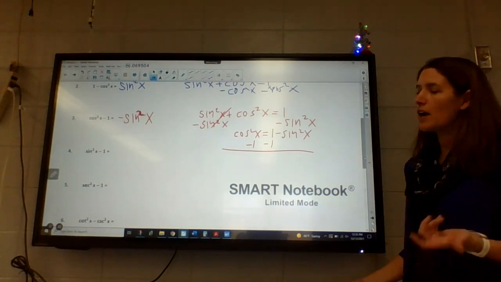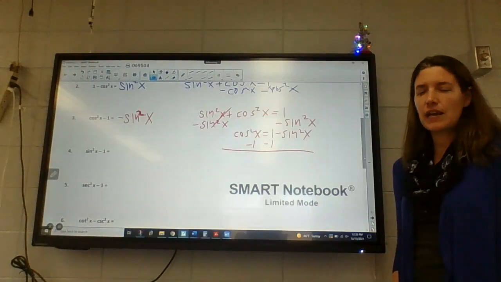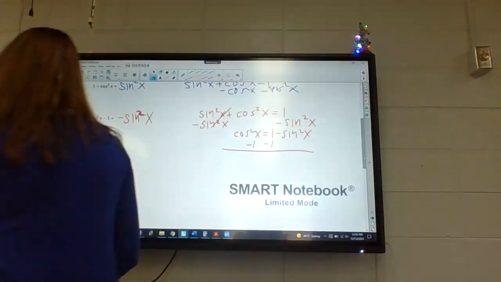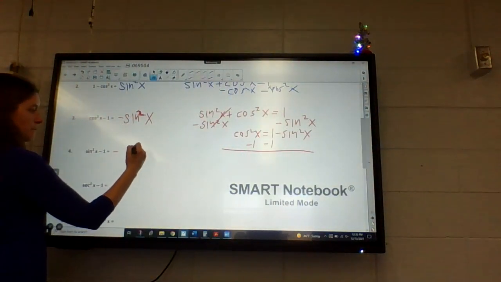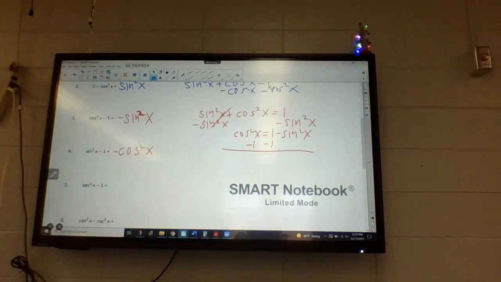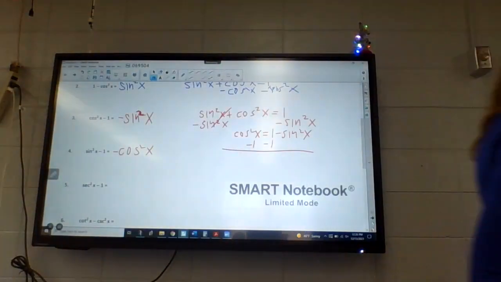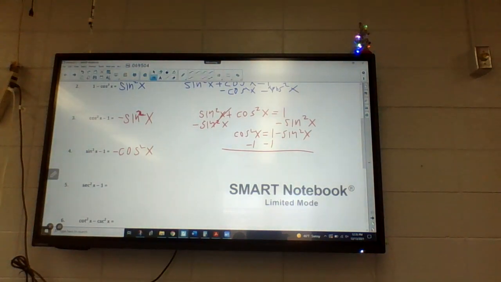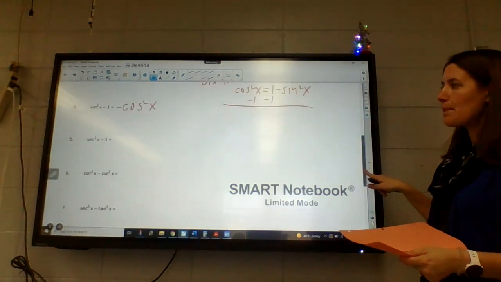So, number 4 is very similar. What'd you guys get? Okay. Now, getting into some of these other ones, secant would tell me I need to look at my secant rule. Notice the formula with secant and the other two, the second and third formulas, are slightly different, and that's because they have different properties.